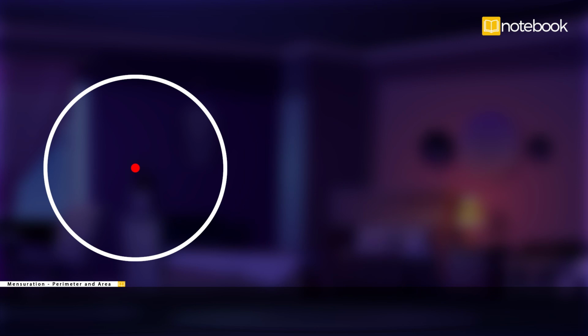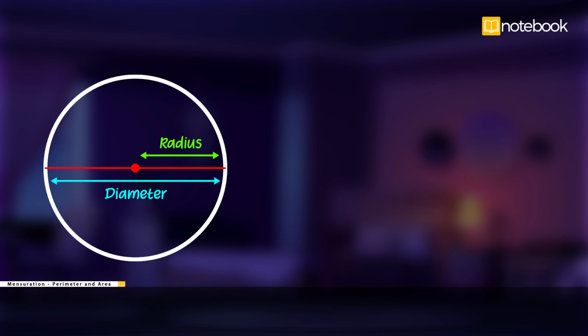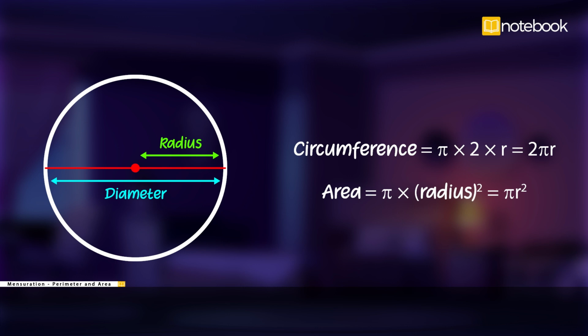The line that passes through the center of the circle is called the diameter. Half of the diameter is called radius. Circumference is found by the product of pi and twice the radius of the circle. Area of a circle is equal to the product of pi and the square of the radius.